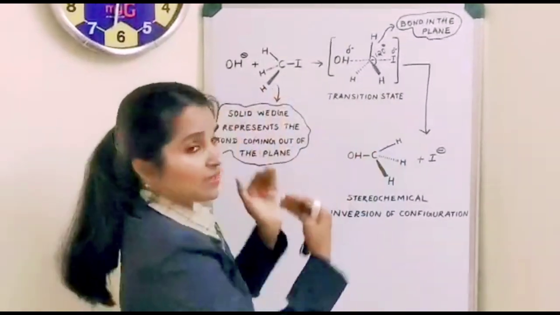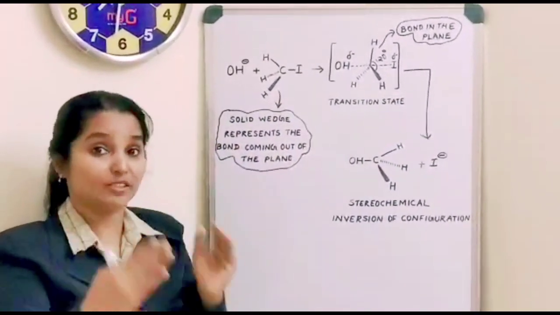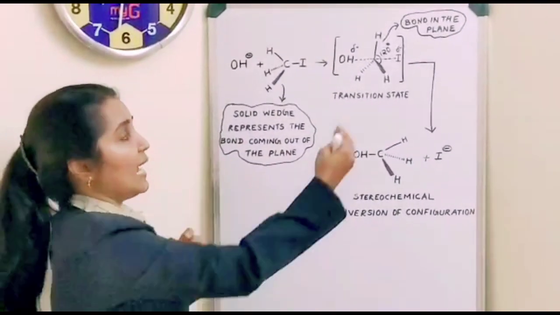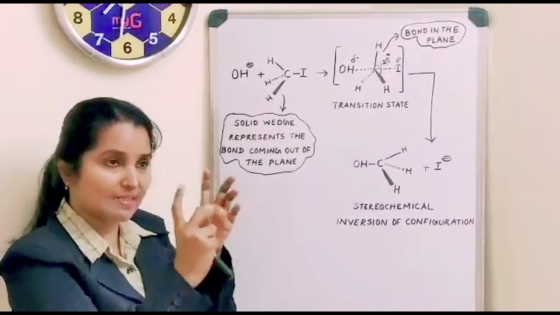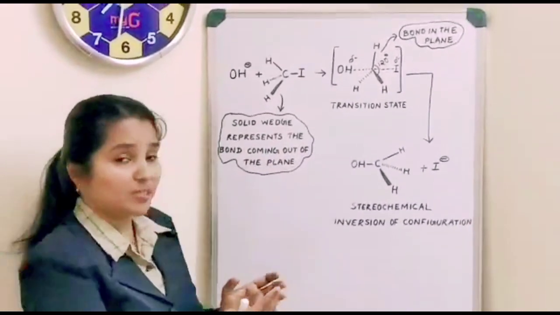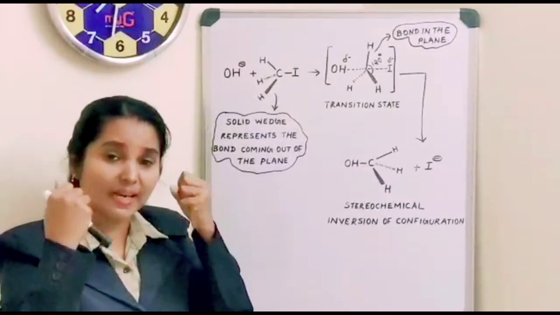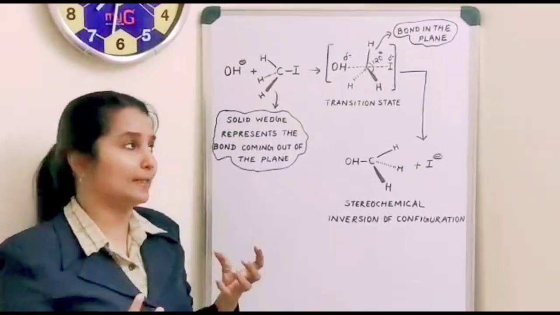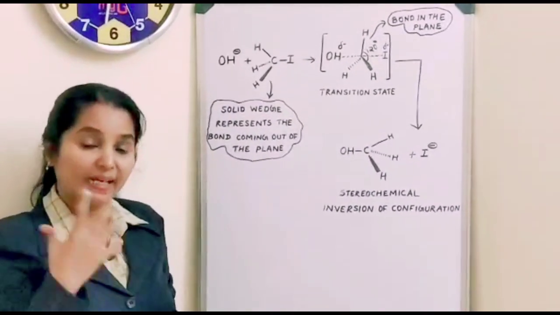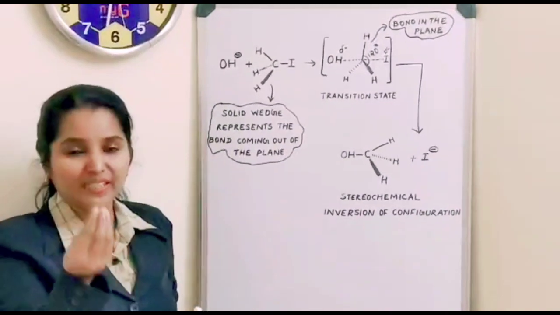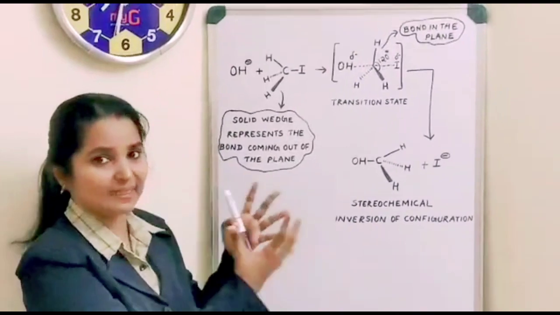And then it moves to the transition state. During the attachment of the hydroxide ion, the iodide ion is still attached to the carbon. The transition state is momentary, short-lived and highly unstable. The transition state of any reaction is highly unstable, and within a very short time it moves on.